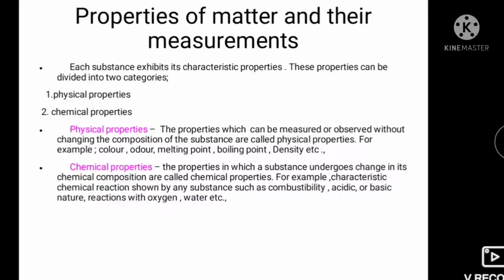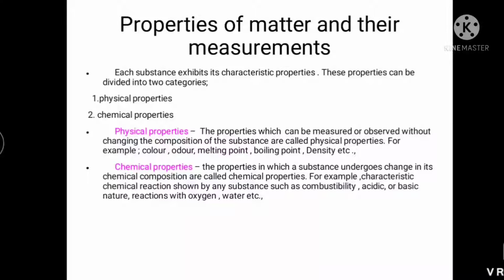Physical properties can be measured or observed without changing the identity or composition of the substance. An example of a physical property is the freezing of water. When water freezes, it is still water. What is the formula of water? H2O.